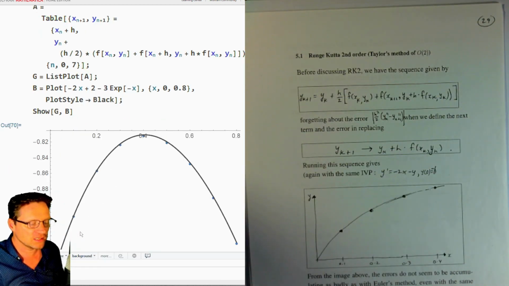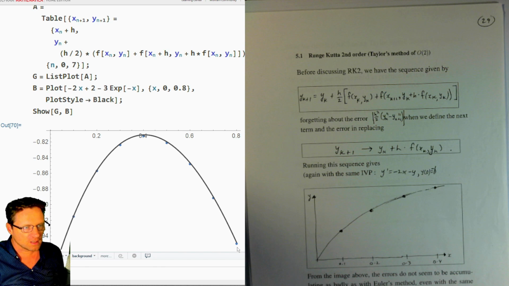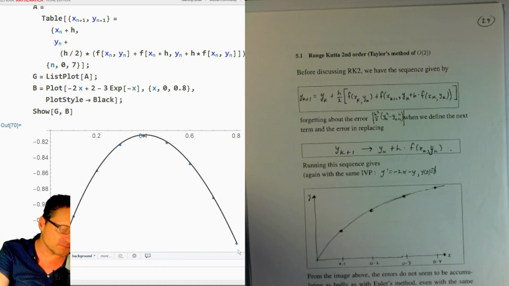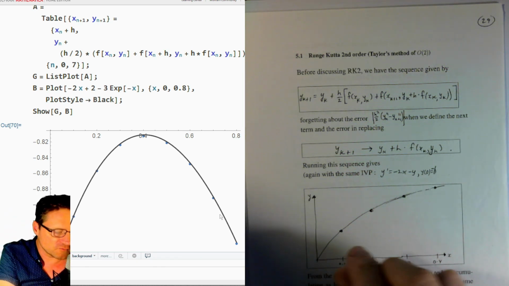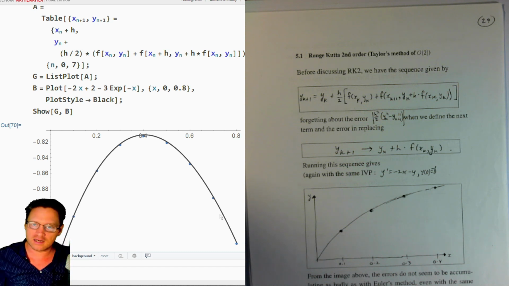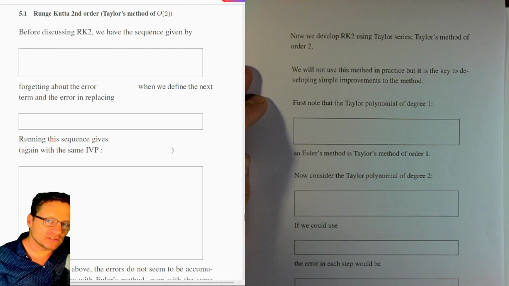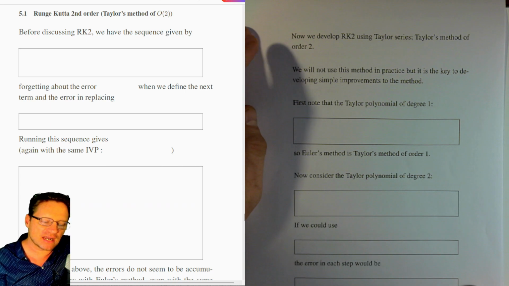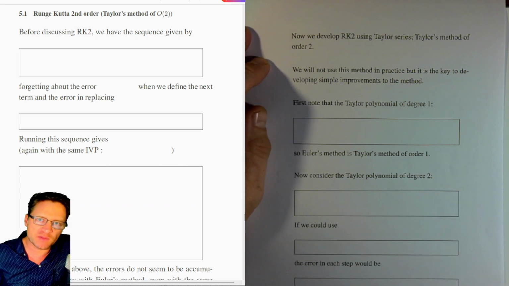So you can see even with the step size of 0.1, this is much, much, much closer. And it's because the error in the approximation from step to step is much smaller in this version than in Euler's method. Okay, so now we'll develop RK2 using Taylor series, so Taylor's method of order 2.